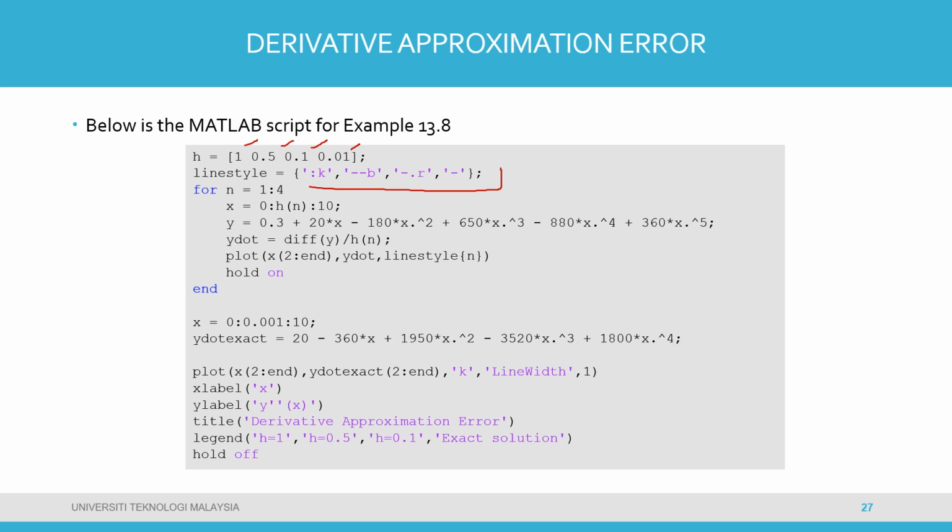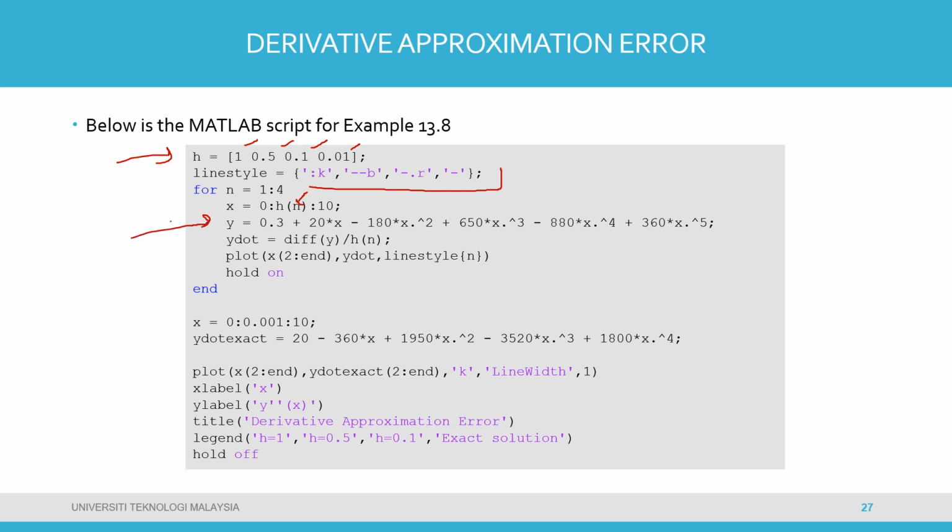For n from 1 until 4, you basically have 4 results. x goes from 0 to 1, or 10; just look at the result. h can be either 1, 0.5, 0.1 or 0.01.